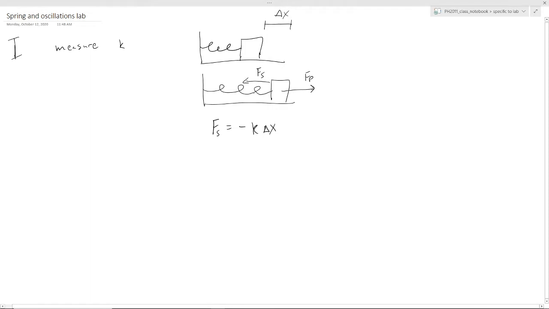So what we're going to do for the first part of the lab is you're going to set up a hook that's hanging from a spring, and you're going to add mass to it so that it hangs down farther. And you're going to do this for different mass values.